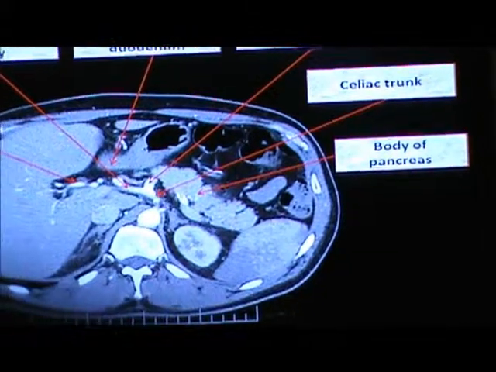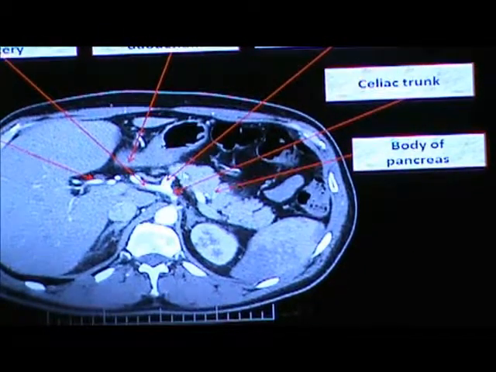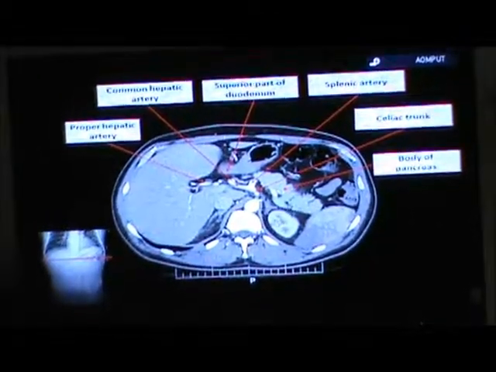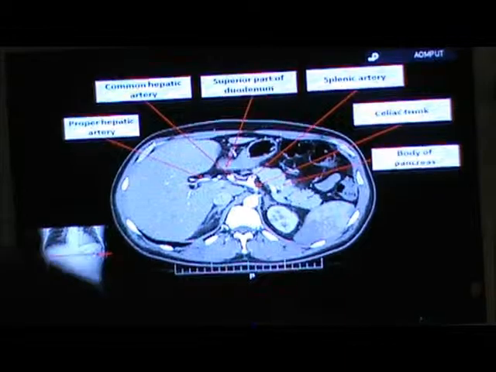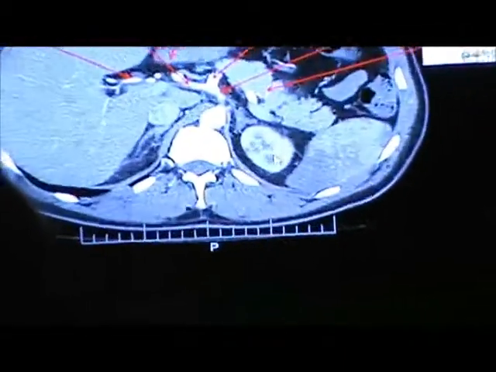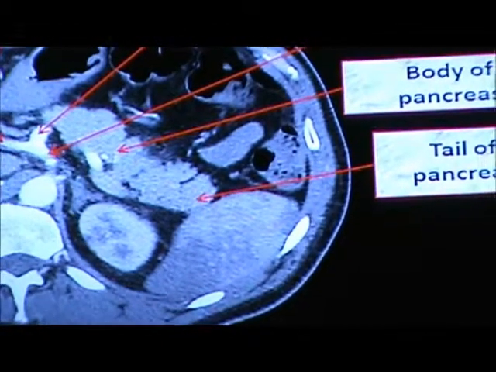It runs from the L1 or 2 level superiorly and to the left, in the direction of the spleen. You can also see the superior end of the left kidney here.